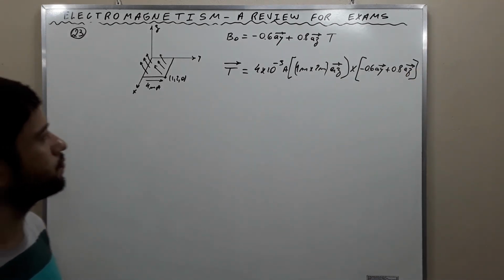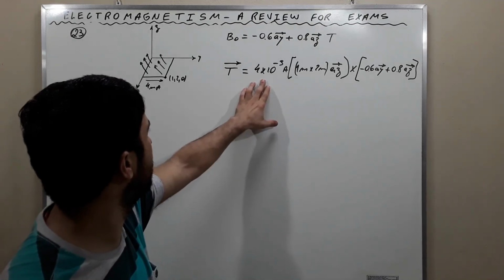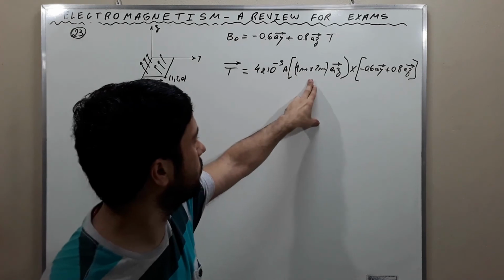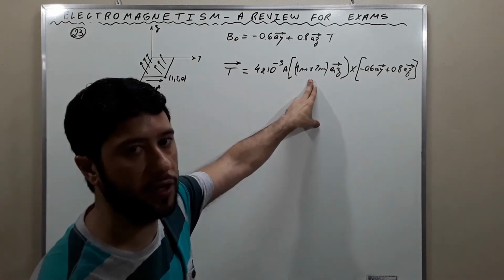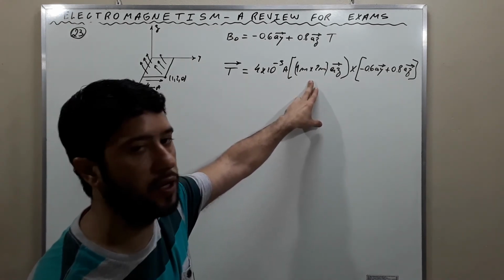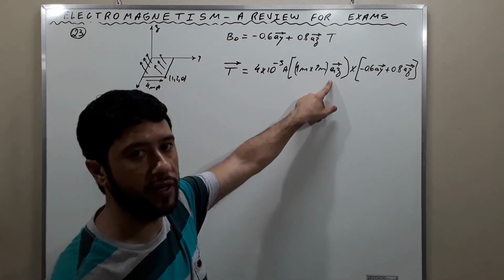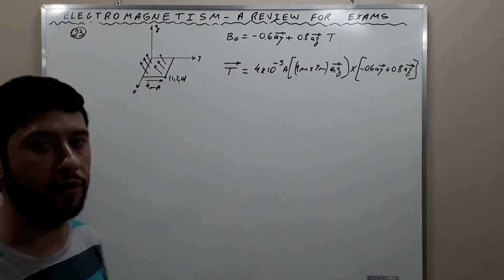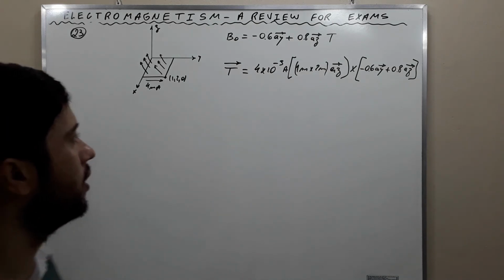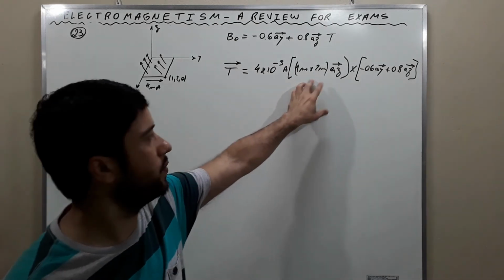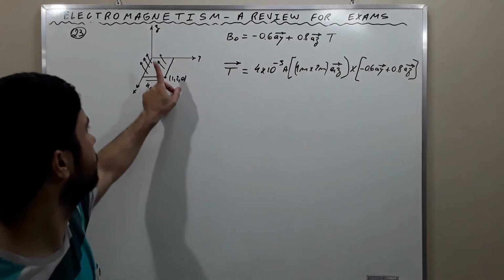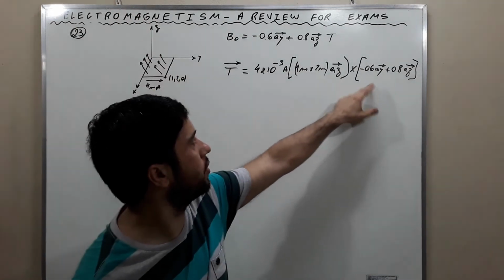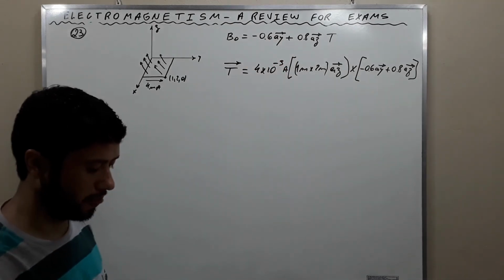The torque can be calculated as the current times the surface area, but this surface area here has a direction. It is not simply a number that represents the surface area. It has a direction, the az direction, in a cross product with this field here.